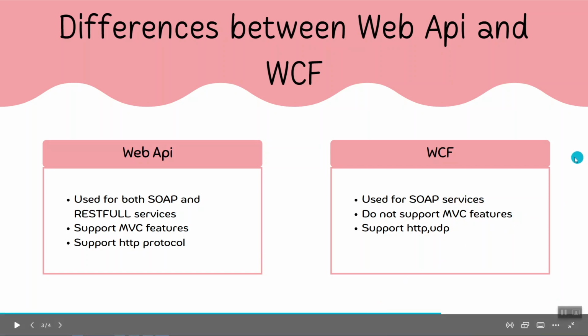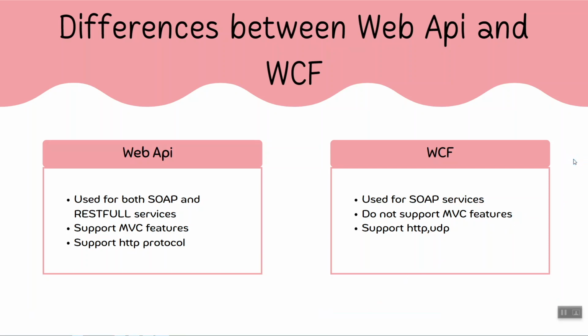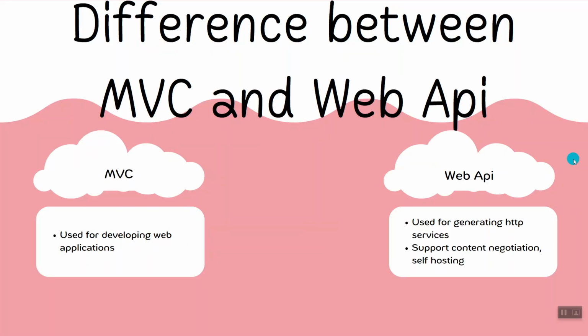Now let's see the differences between MVC and Web API. We use MVC for developing web applications. Web API is used for generating HTTP services.